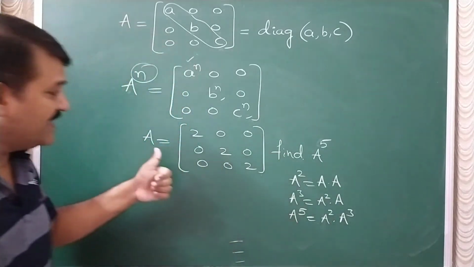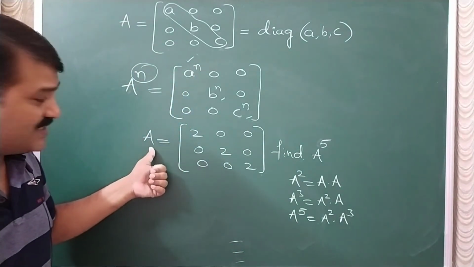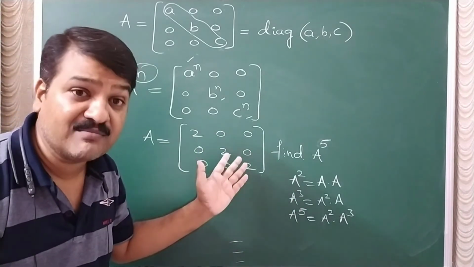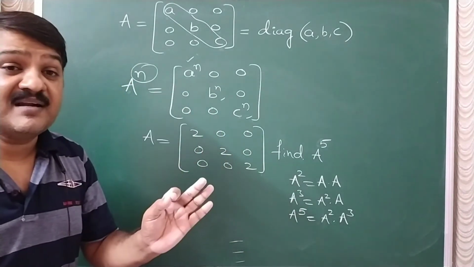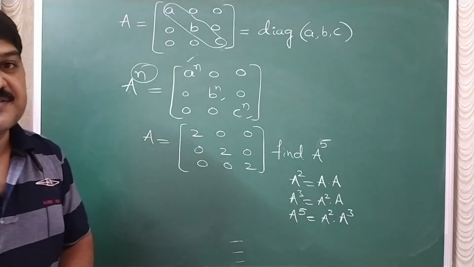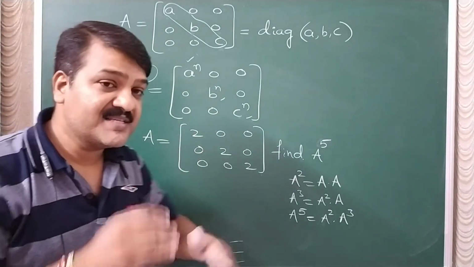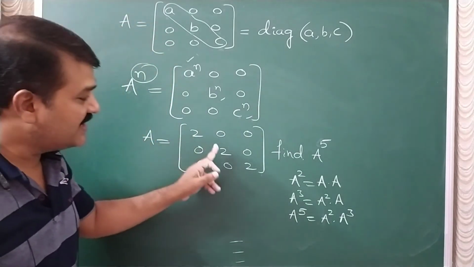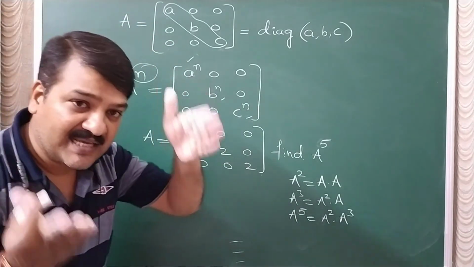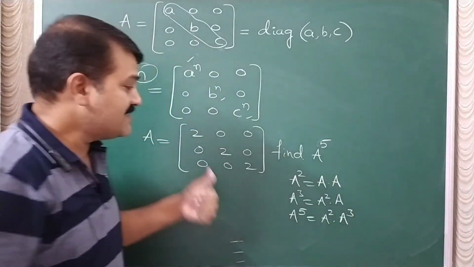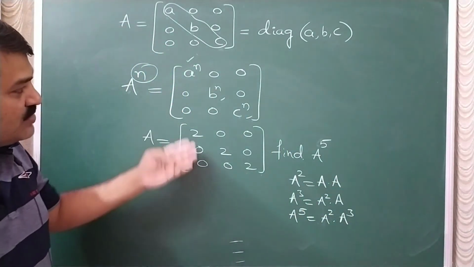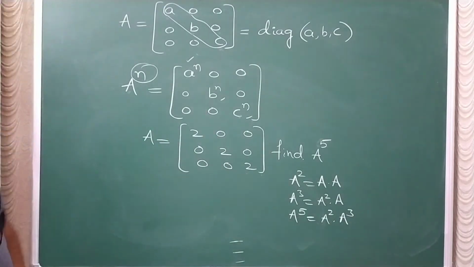But since A is a diagonal matrix, is it not a diagonal matrix? Oh, you may be confused that it is a scalar matrix. No, a scalar matrix is also a diagonal matrix. A diagonal matrix itself becomes a scalar matrix when diagonal elements are the same. This is a diagonal matrix also. So I can use this shortcut formula.